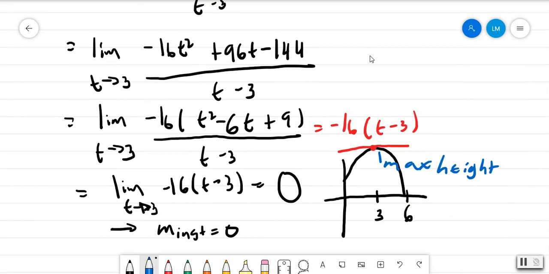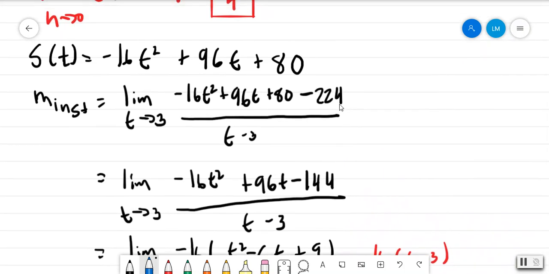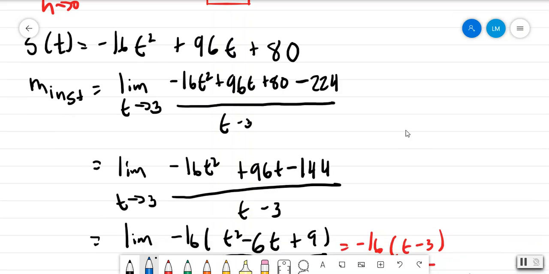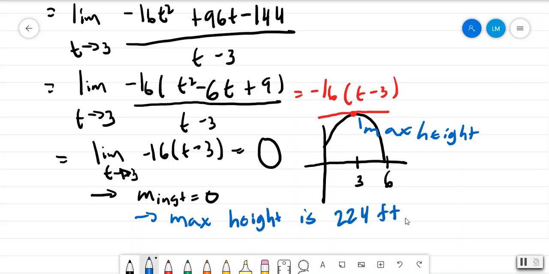The highest height would have to be 224 because we actually found it already. We found the instantaneous rate of change is at 3. So in that case, the maximum height is 224 feet.